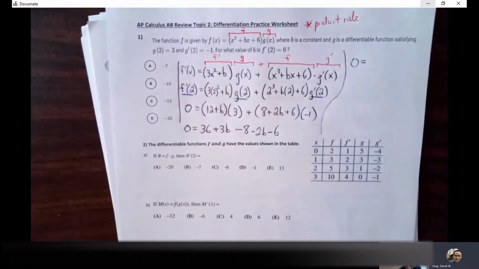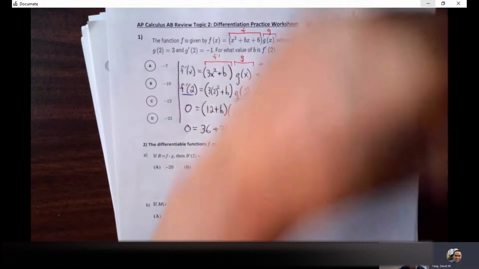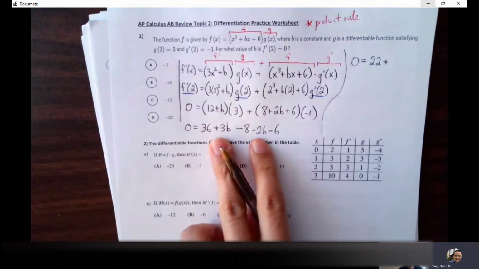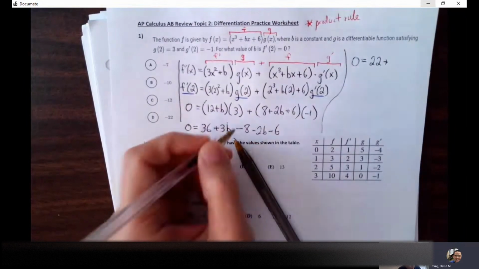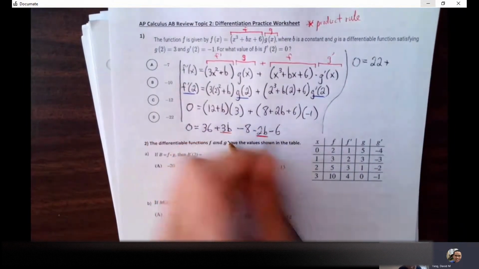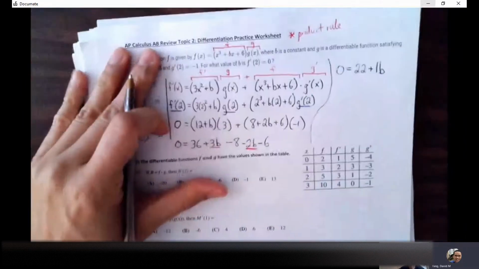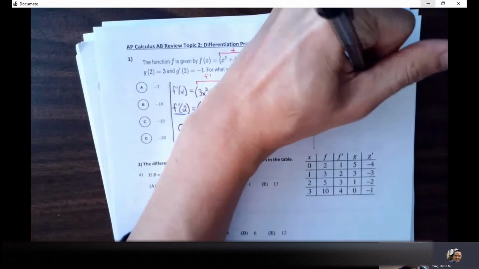So 36 minus 6, minus 8, 22. 3b minus 2b is just 1b. And then I can solve for b here. Subtract 22 from both sides. Negative 22 is equal to b. There's my answer.